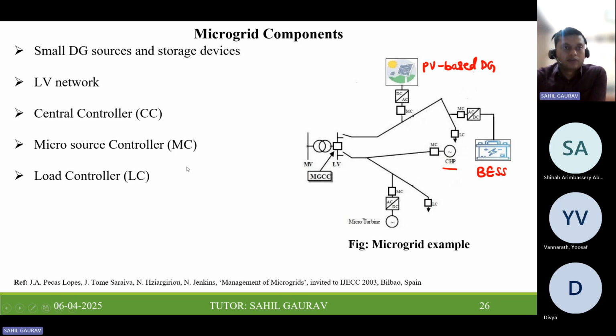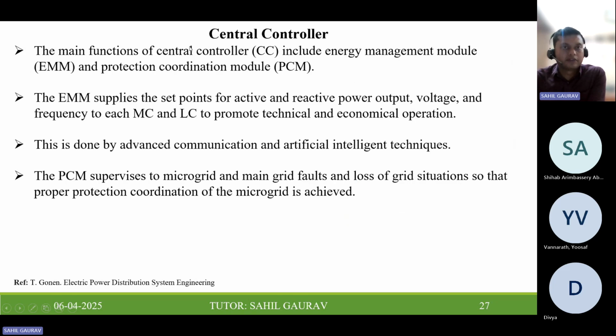Let us see all of these components of microgrid one by one. First is the central controller. The main functions of the central controller include the energy management module and protection coordination module, EMM and PCM.